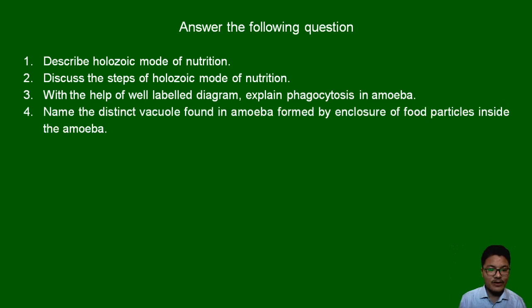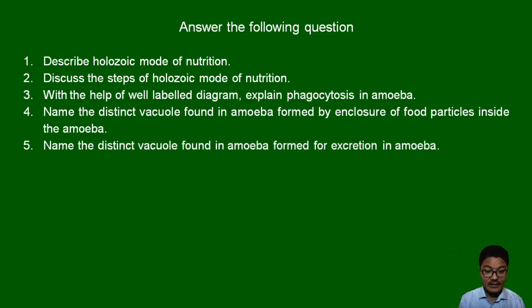Fourth, you have to name the distinct vacuole found in amoeba enclosing food particles inside amoeba. Lastly, you have to name the distinct vacuole found in amoeba formed for excretion.